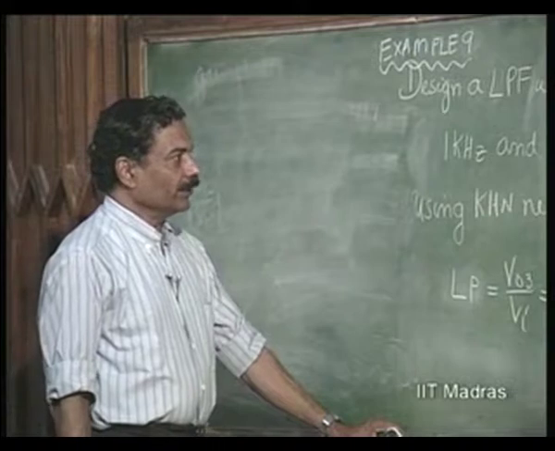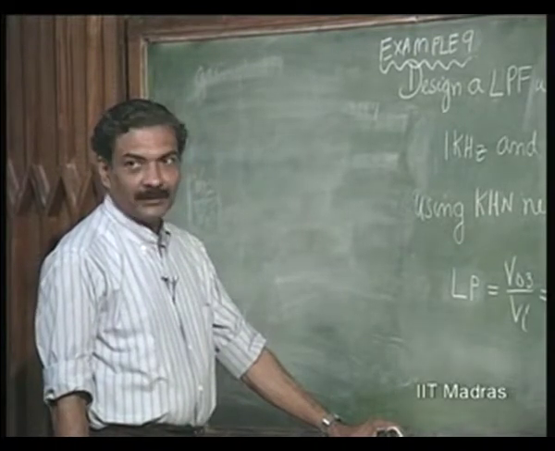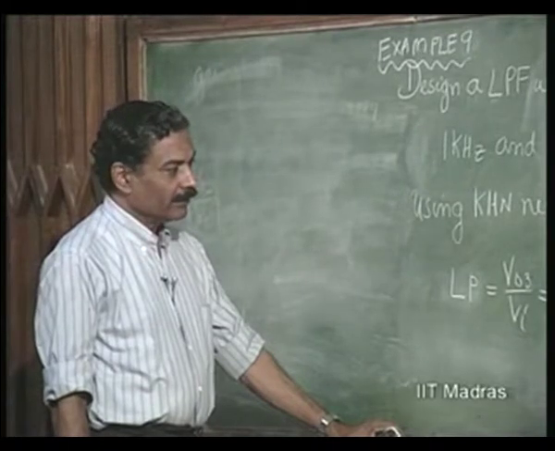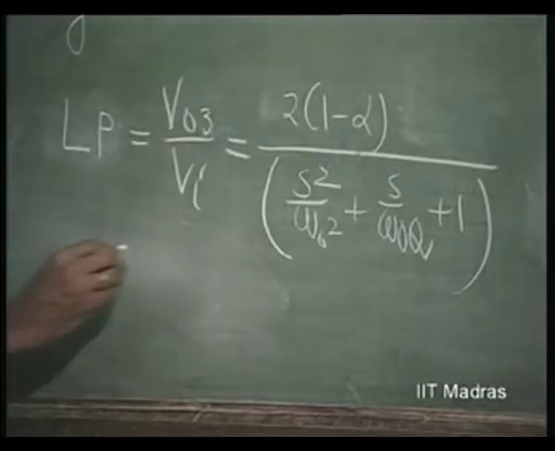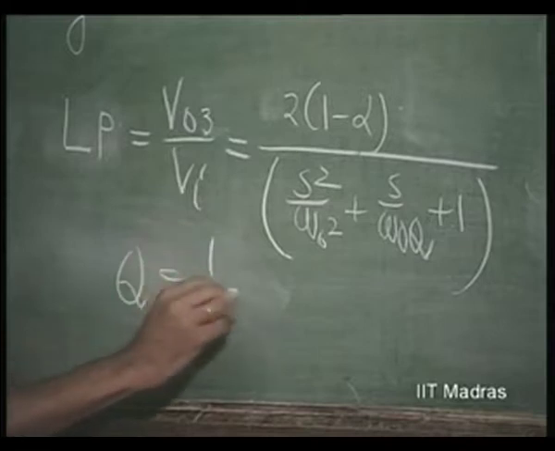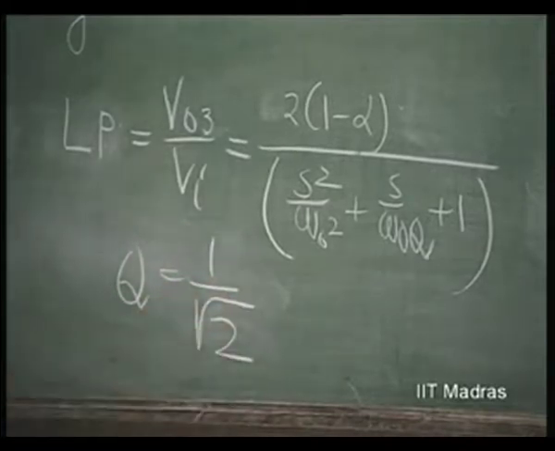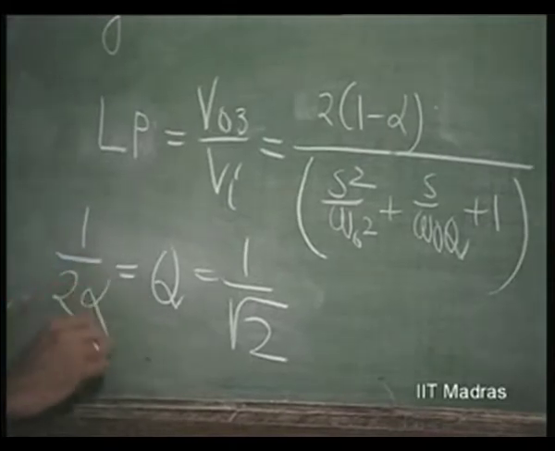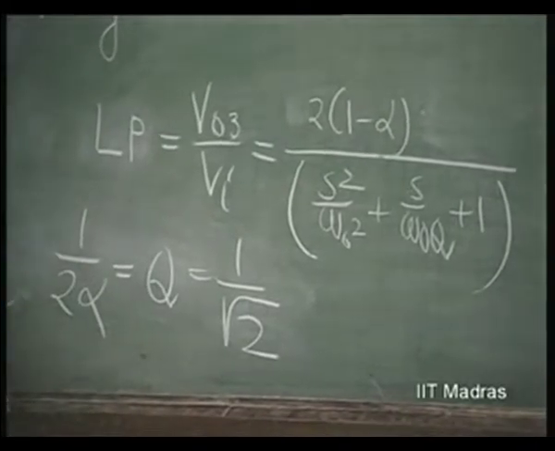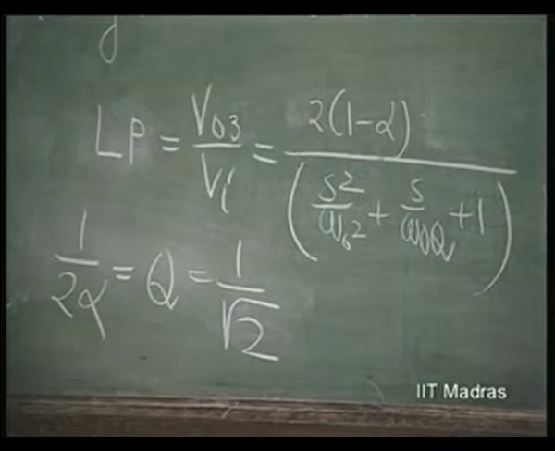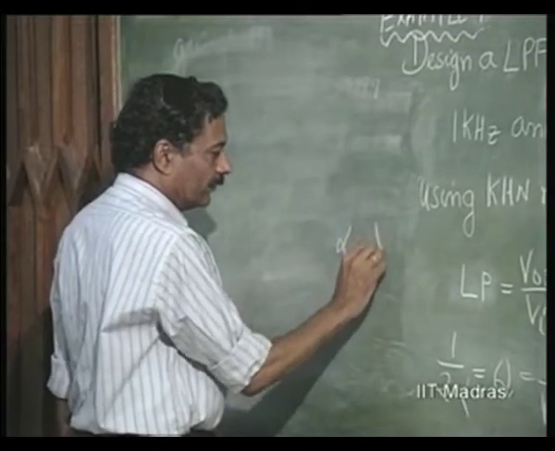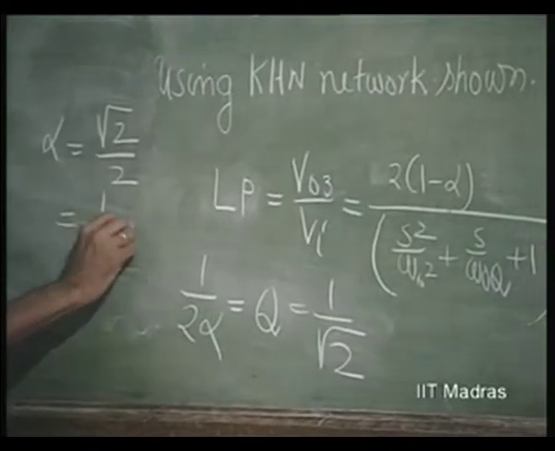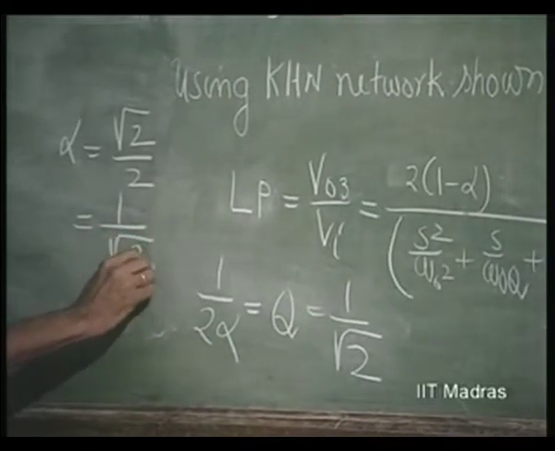And as I told you, since maximally flat magnitude requirement or Butterworth filter requirement says that Q should be 1 over root 2, which means 1 over 2 alpha is equal to 1 over root 2, or alpha is equal to root 2 by 2, or alpha is equal to 1 over root 2.